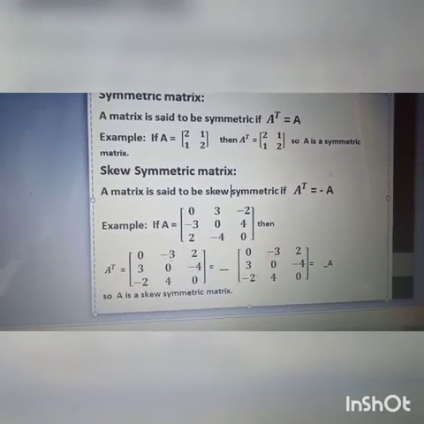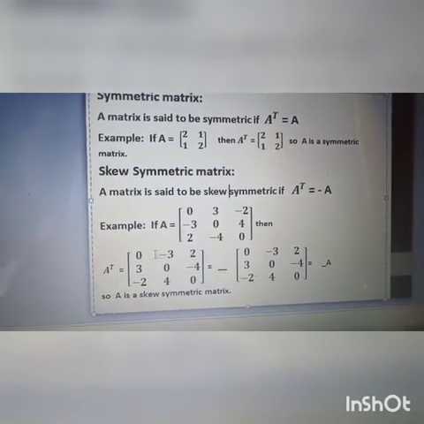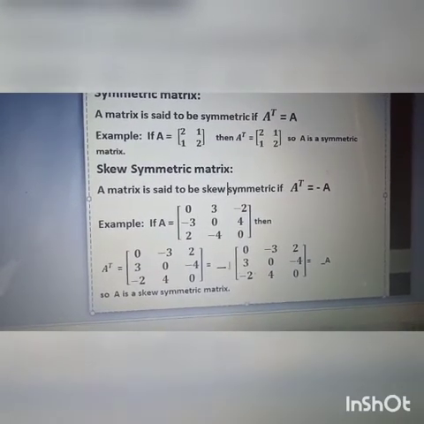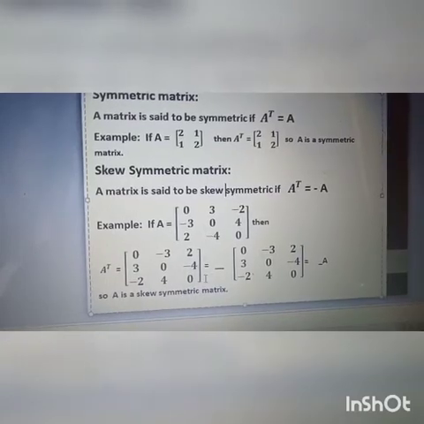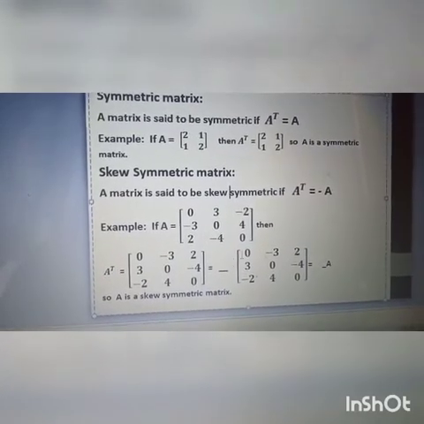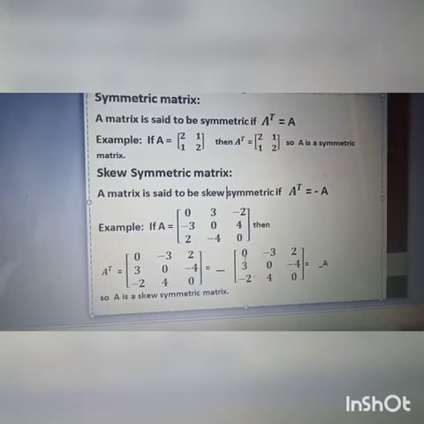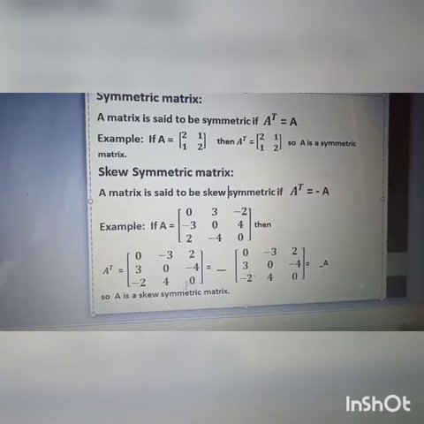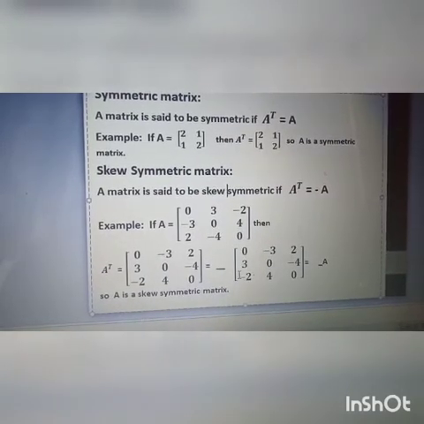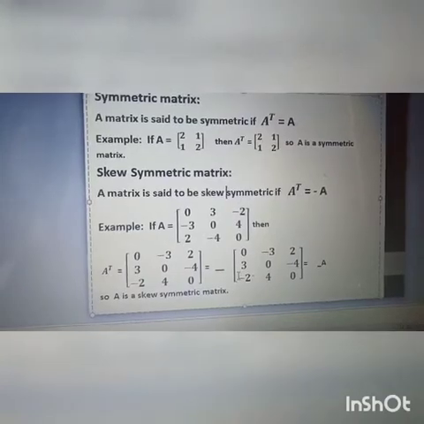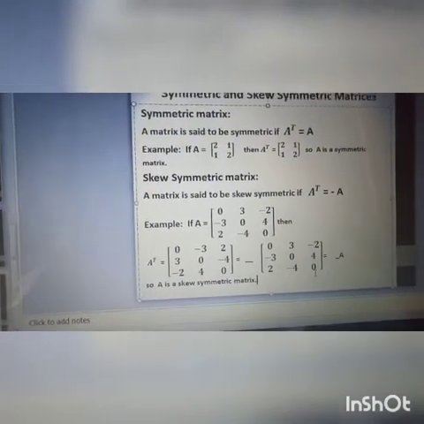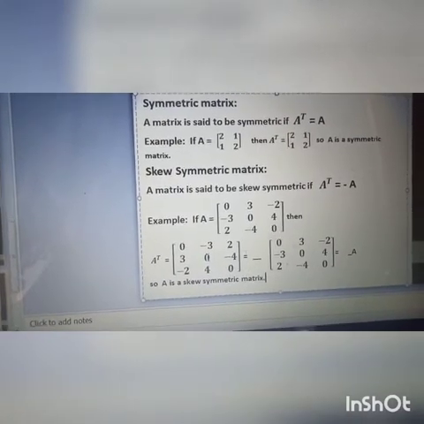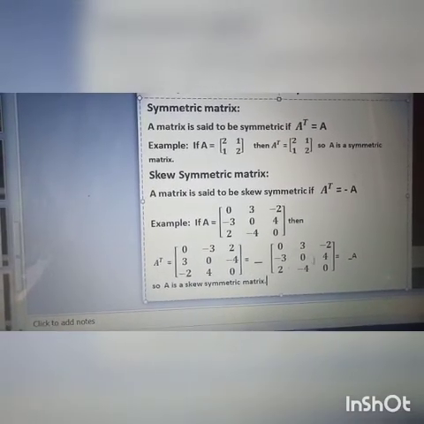Fine. So from the transpose of this matrix, if you take the negative sign common, you can see this negative sign is being taken out, and what change will be there in this matrix? All signs will be changed. Once the negative sign is taken common from this A transpose, you can see the inner signs are all changed.